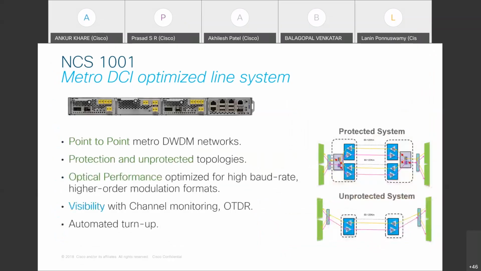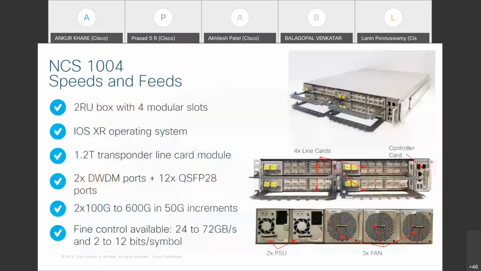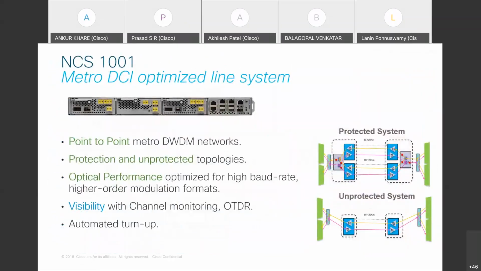This is the mux ponder 1004. Another one is an amplifier, which is the NCS 1001, that we are using in the network. This is another point-to-point metro DWDM network. It has protected and unprotected topologies. Optical performance is optimized for high baud rates and higher order modulations.